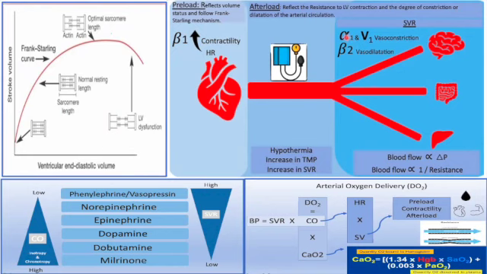Then there are other receptors, usually in the vascular beds, which are alpha-1 receptors and beta-1 receptors. Activating those two receptors will lead to vasoconstriction. And also there are beta-2 receptors. Activating this receptor will lead to vasodilatation.